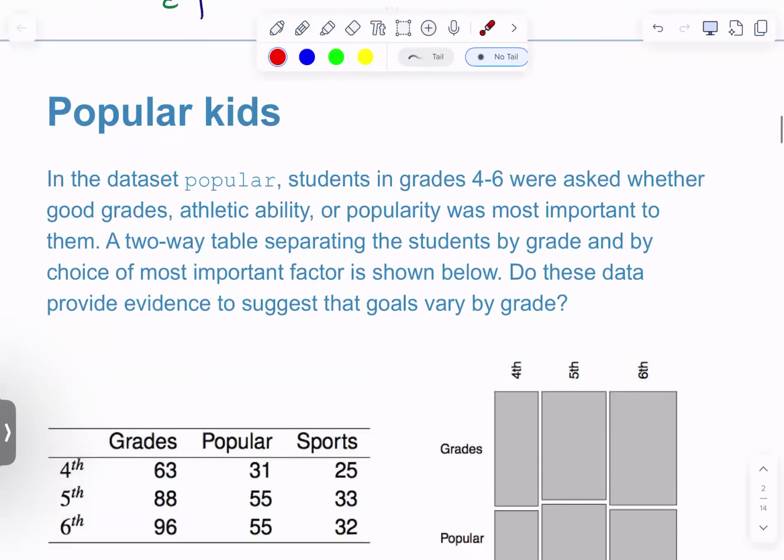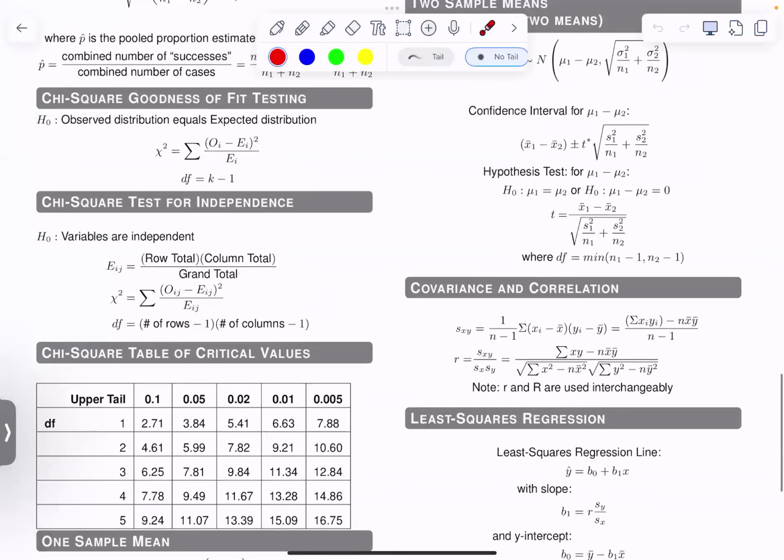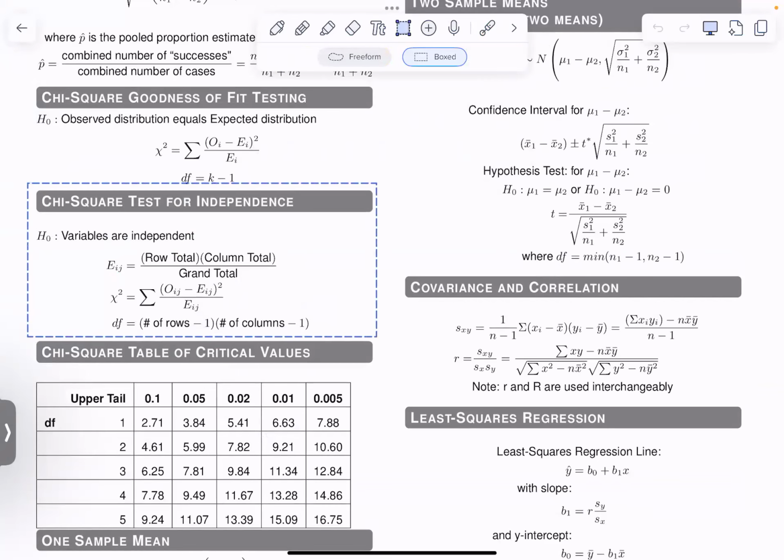But before we do, let's bring in the section of the formula sheet that we're working on today. The chi-squared test for independence tells us the null hypothesis, as always. It also gives us this E calculation, which we'll use.